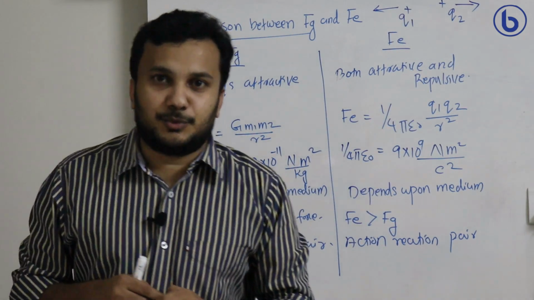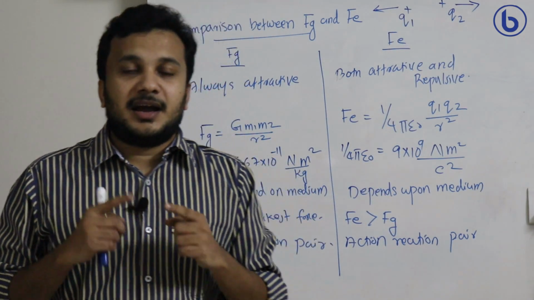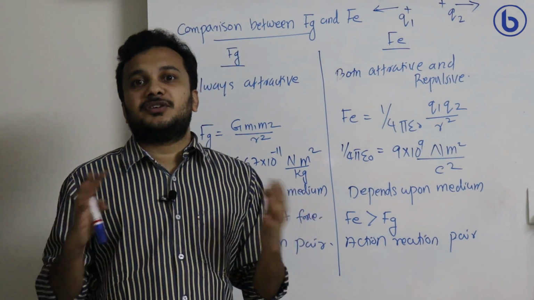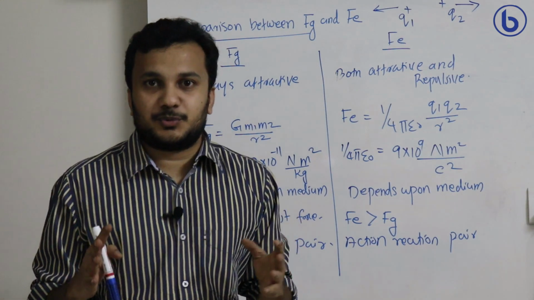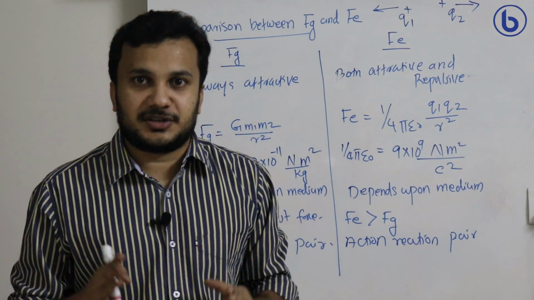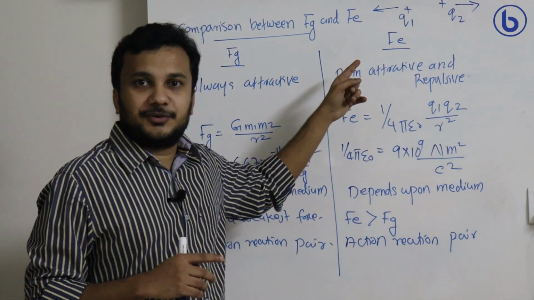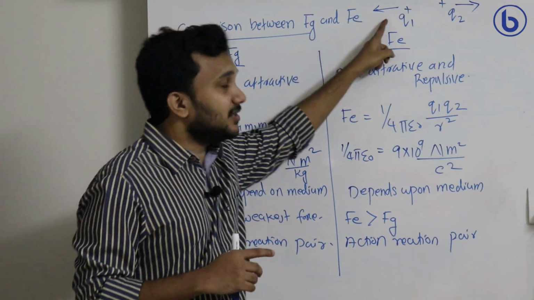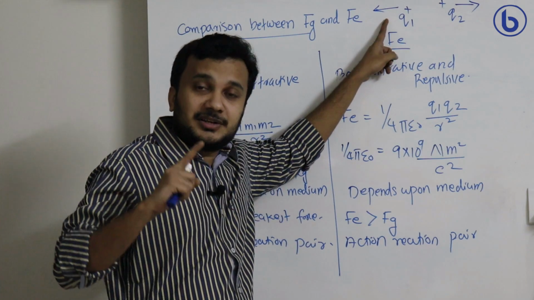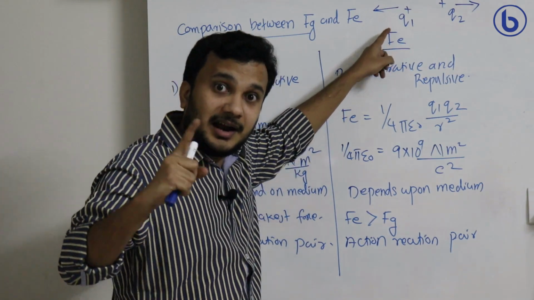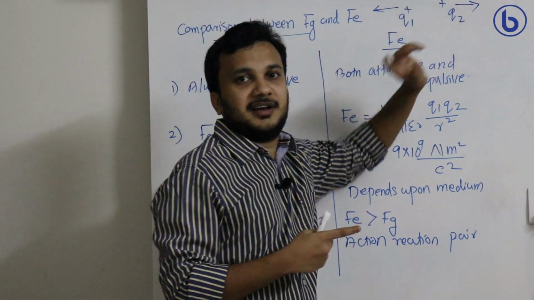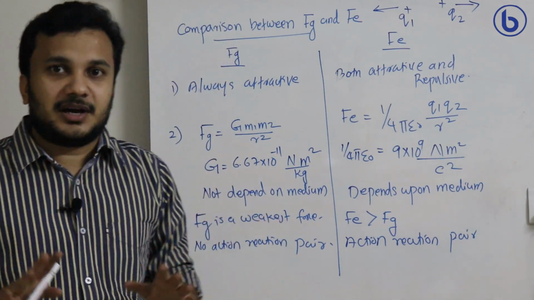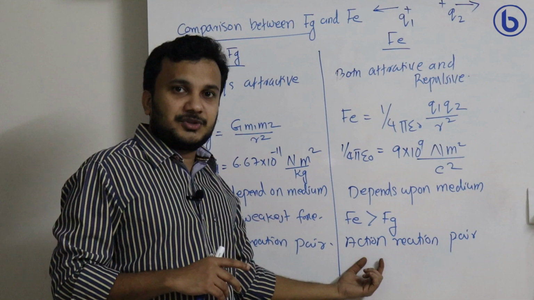Newton's third law of motion, which you learned in first year, says action and reaction are equal and opposite in nature. Opposite nature means opposite direction. Every action has an equal and opposite reaction, and that is truly applicable to Coulomb's law.